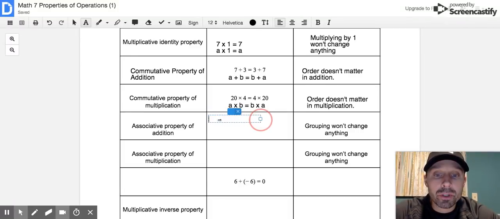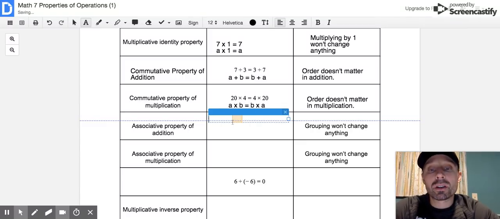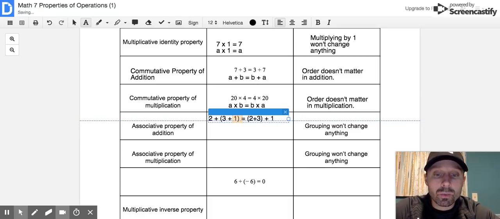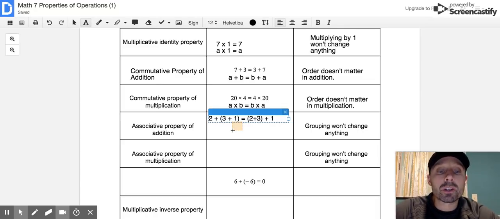And the associative property of addition basically says that it does not matter. So for instance, we could have 2 plus 3 plus 1, and we could have 2 plus 3 plus 1. So if you can tell there, grouping won't change anything. On the left side, we have 2, 3, 1.